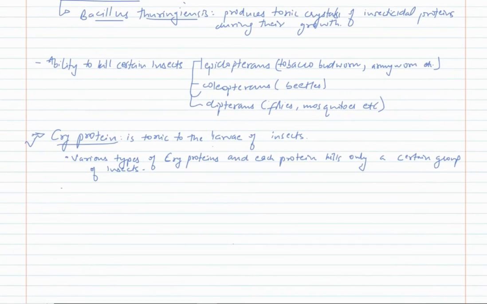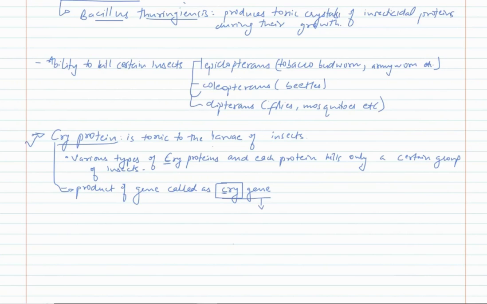Now, this cry protein is a product of a gene called cry gene. Please note the difference that when we write the name of the protein, C will be capital, and when we write the name of the gene, the c will be small. So, this protein is the product of a gene called cry gene.